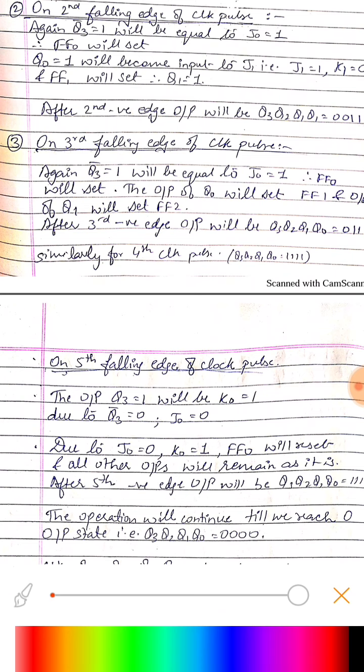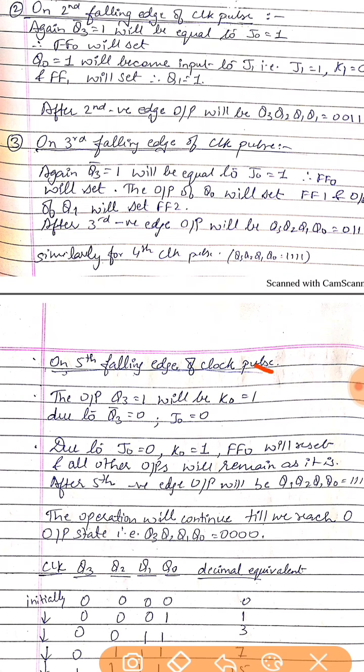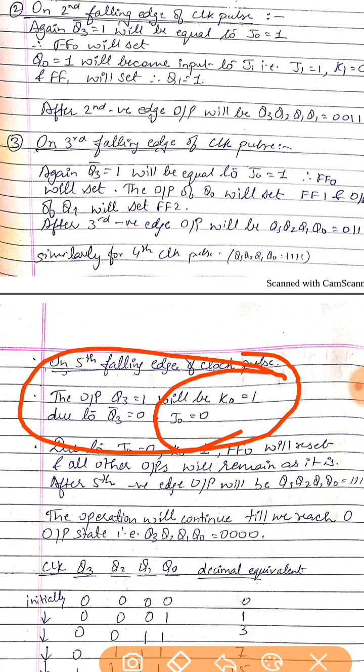On the fifth falling edge, as Q3 is 1, it will be fed to K0, and Q3 bar is 0, so J0 would be 0. These two inputs would be fed, and what would happen in the end? All the flip-flops will store 1 1 1 1.